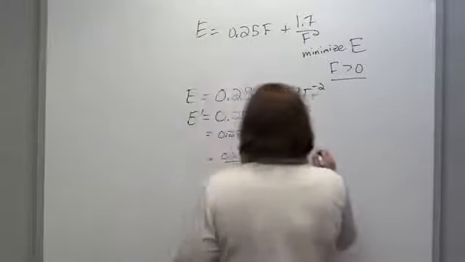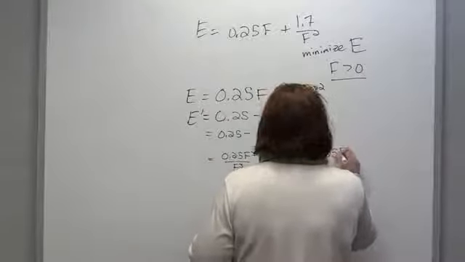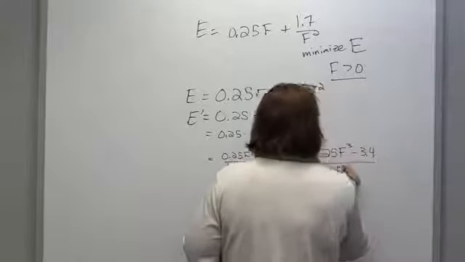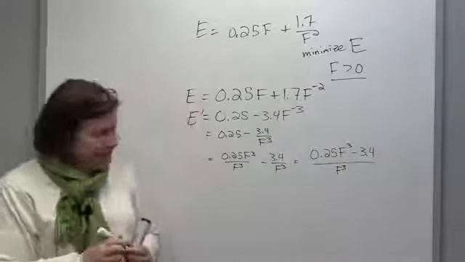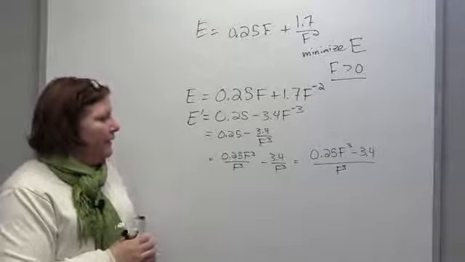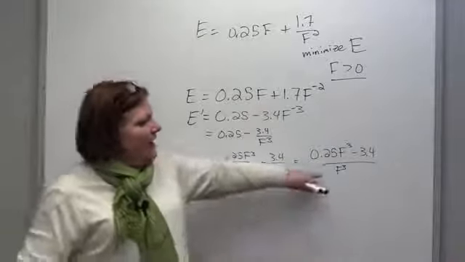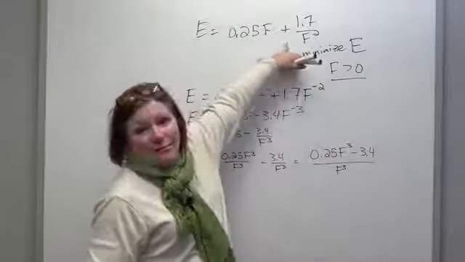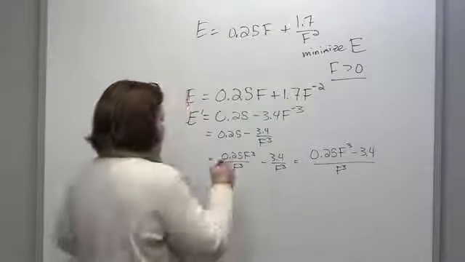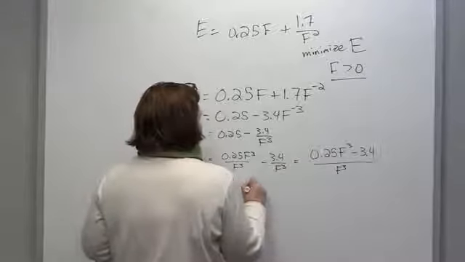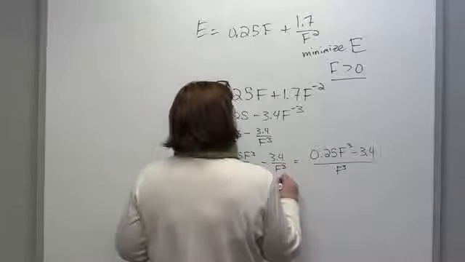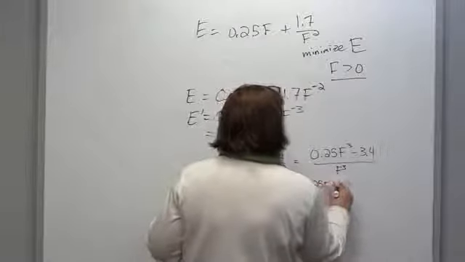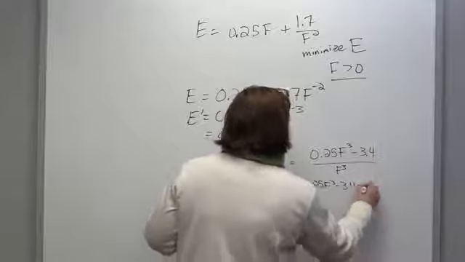And then I have 0.25 F cubed minus 3.4 all over F cubed. And we want the critical numbers. We have F equaling 0, which technically is undefined, but that wasn't in our domain to begin with. And then we have a critical number when 0.25 F cubed minus 3.4 equals 0.